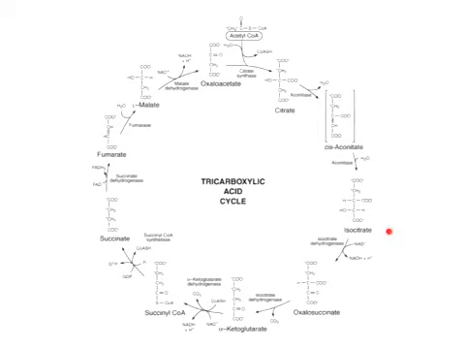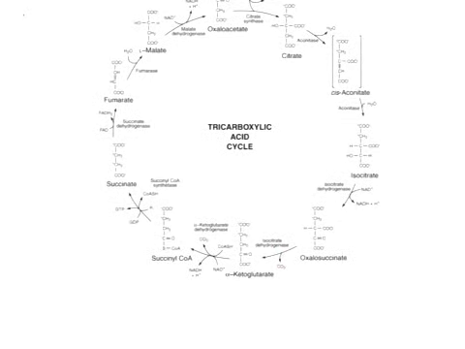Then isocitrate dehydrogenase forms 1 NADH and creates oxalosuccinate, and then the same enzyme reacts again, removing a carbon dioxide and forming alpha-ketoglutarate.